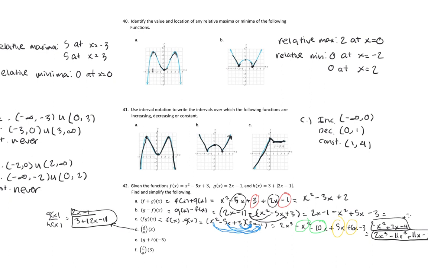Alright, so on part E, g plus h of negative 5, we know that that's going to be equal to g of negative 5 plus h of negative 5, which is going to give us 2 times negative 5 minus 1 plus 3 plus the absolute value of 2 times negative 5 minus 1.